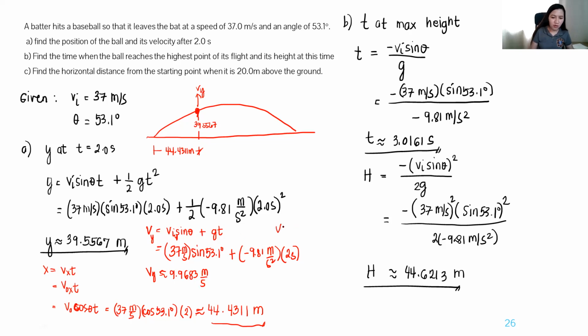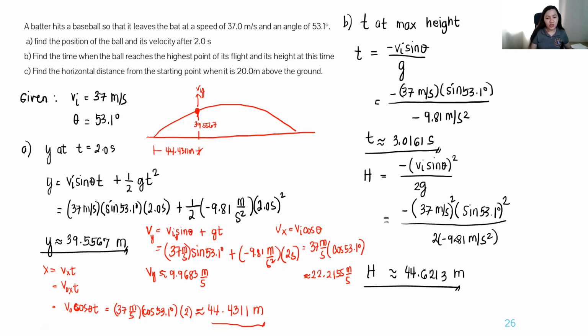And then for its horizontal component, Vx, so Vx equals Vi cosine theta, so that would be 37 meters per second times the cosine of 53.1 degrees. So our Vx would be approximately 22.2155 meters per second.